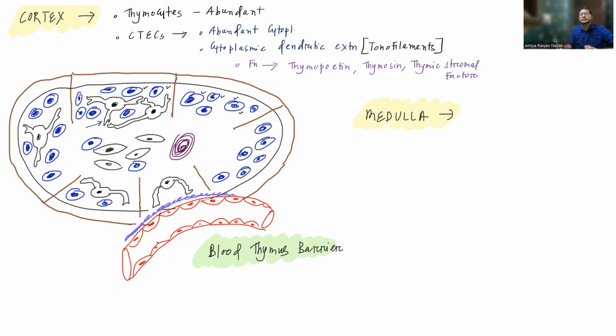So the first function is they will produce various types of factors. These are known as thymopoietin, thymosin, thymic stromal factor, and there are various other factors also, which I am not writing here. So what is the function of these factors?